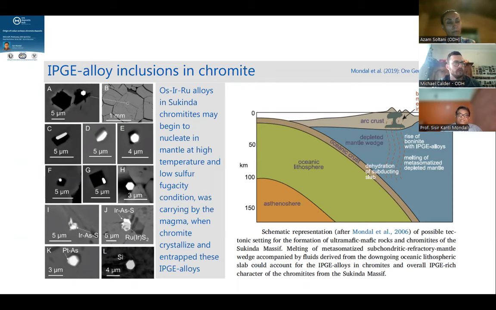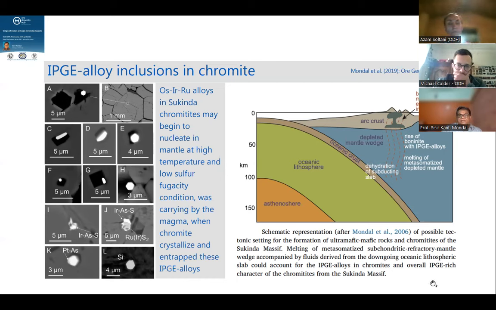And we propose that these inclusions, perhaps within the chromitites, may begin to nucleate in the mantle at high temperature and low sulfur fugacity condition, because these are mostly alloys. We don't have many sulfide inclusions in chromitites. And it was carried by the magma when chromite crystallized and entrapped these IPGE alloys.